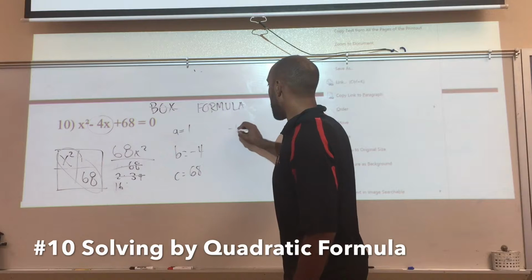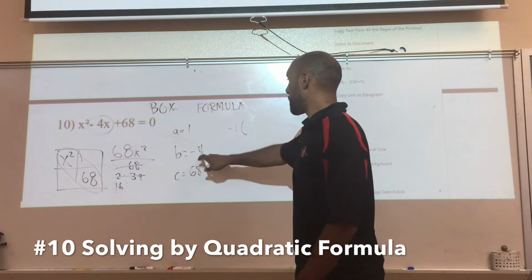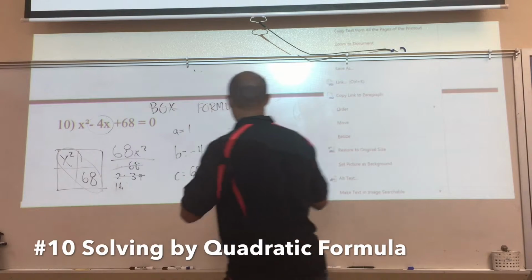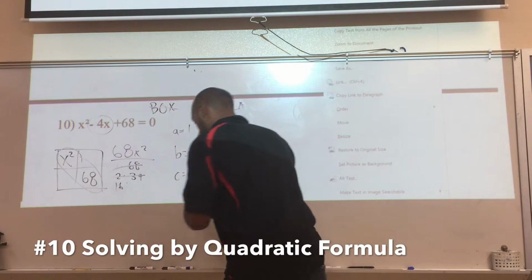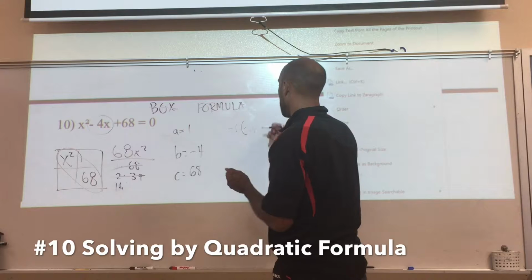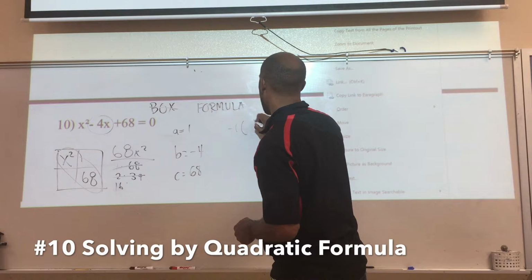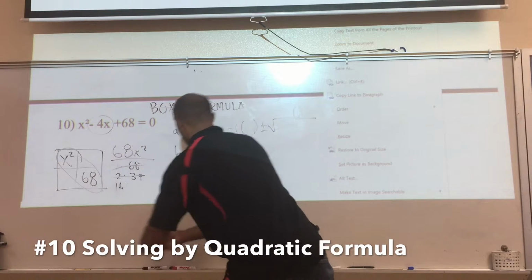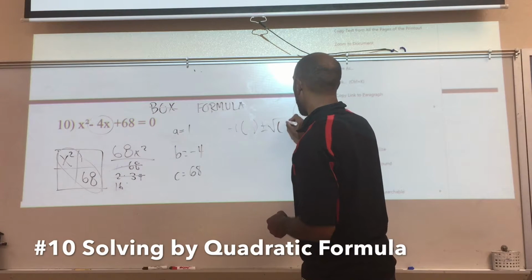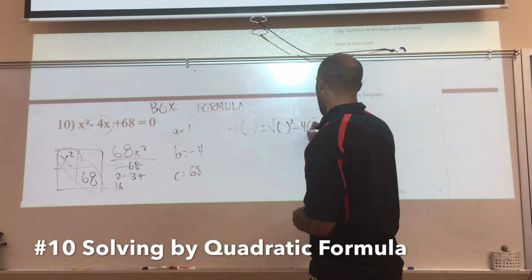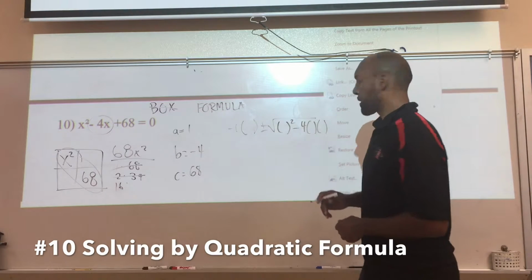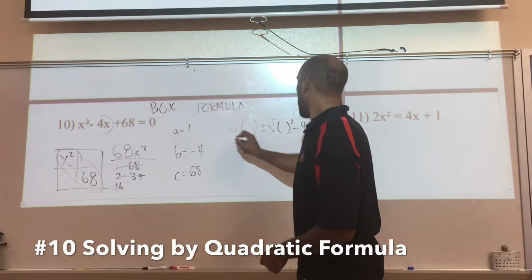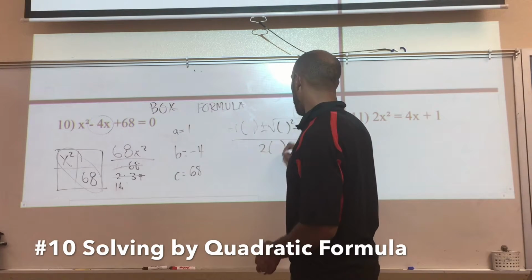Now, again, negative b, and our b is negative 4. Let's actually use a different color, and let's just write out the formula. Negative b goes there. Then we'll have b squared here, negative 4, minus 4 times a times c, all of that over 2 times a.